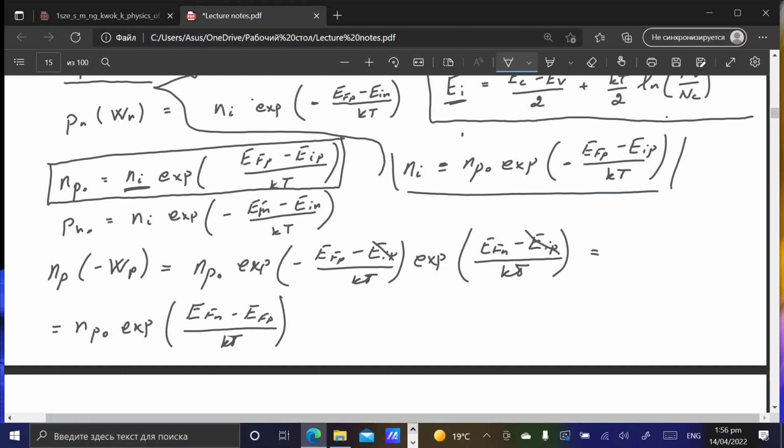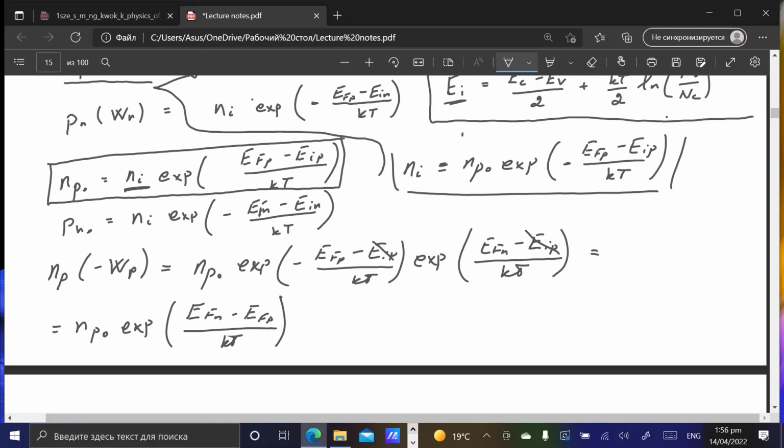So actually what we end up with here is the difference between quasi-Fermi energy levels. And the difference between quasi-Fermi energy levels, the magnitude, how much they split from each other, shows us how much we are out of equilibrium condition.